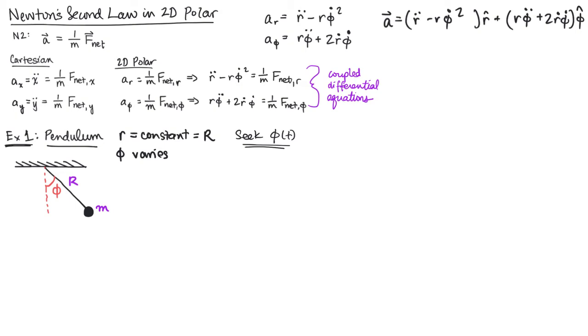So what we're learning here in the Newton's law equation is we need to know the net force in each of the two directions, the radial and the tangential directions. So let's first define those two directions.